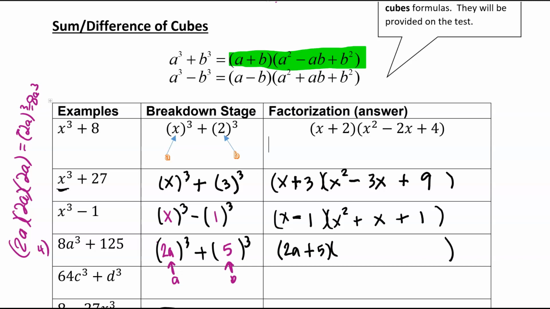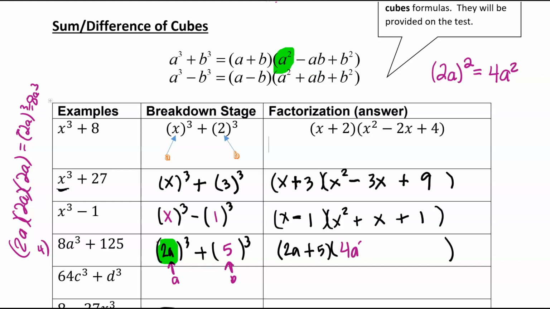Now here's the tricky part that most people get mixed up when there's more than an x, or simply an x for A. In this case, A is 2a, and we are squaring what we're saying A is. So if we square 2a, what do we get? That's the same thing as 2 squared, which is 4, and a squared.